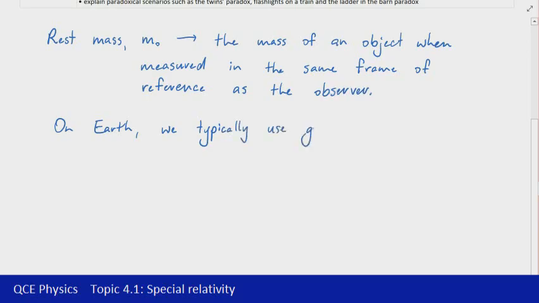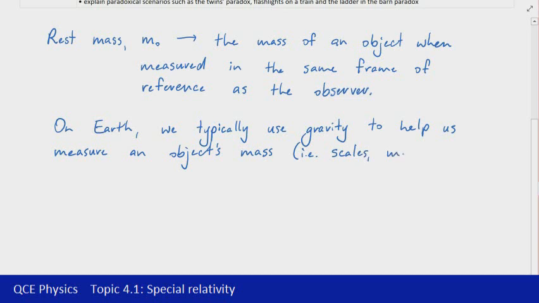What I mean by that is that in order to measure mass, you might stand on scales, or you might use a mass balance in order to determine what the mass of the object is. In doing so, you're actually using the weight of the object, so what the force due to gravity is for that object, and then converting it back to a mass.